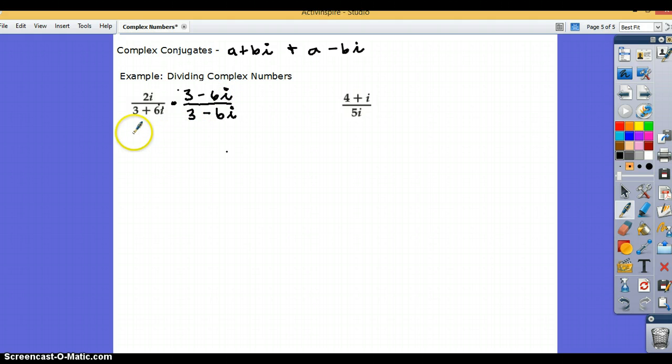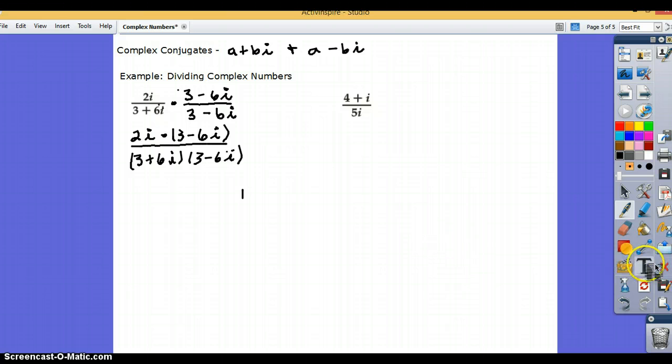Okay? So what I have is 2i times 3 minus 6i over 3 plus 6i times 3 minus 6i. All right, so this is going to take a little bit of work on this one. The next one's easier. This one will take a little bit of time. All right, so 2i times 3, that's going to be easy.